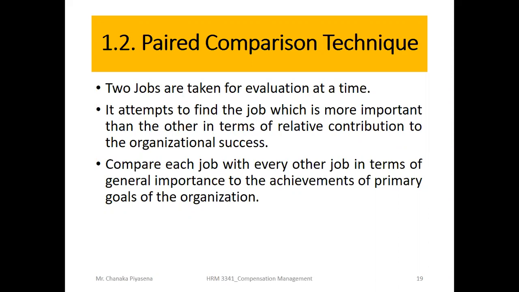But it is very difficult when considering 9 jobs to compare with the other 8 jobs at a time. In a particular time, it is very difficult to compare with more options. But here, with paired comparison, it is very clear.